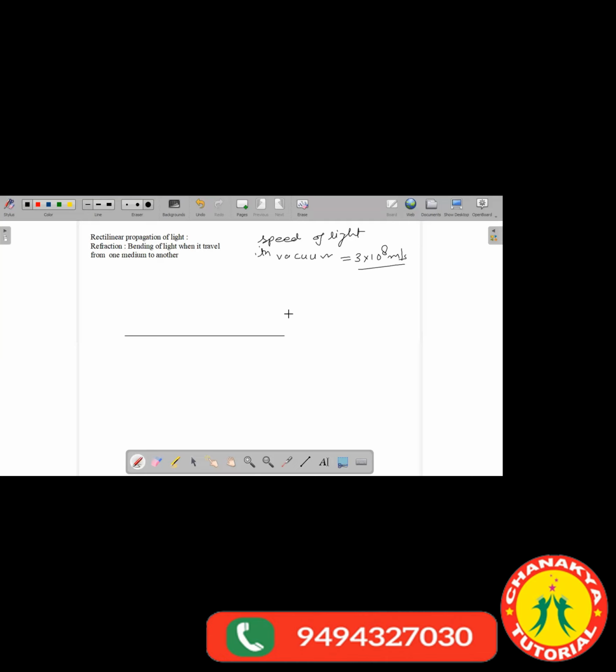So here we consider two media. Let's say you have air here, and here we have water, just like we observed in the case of a glass filled with water. Let's say you have a ray of light which is incident obliquely on the interface between air and water, and at the point of incidence I can draw the normal.